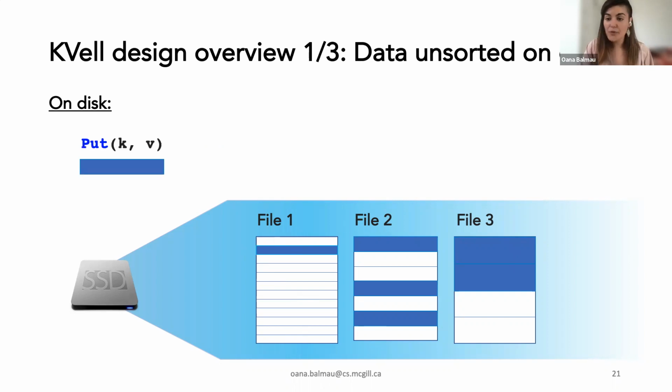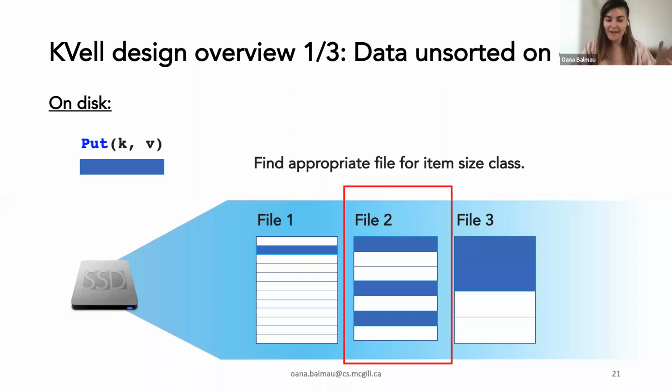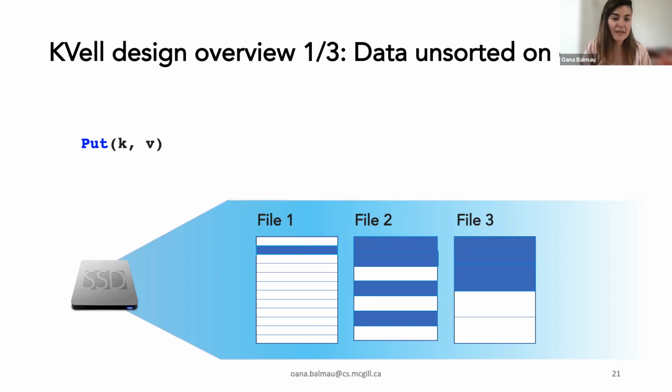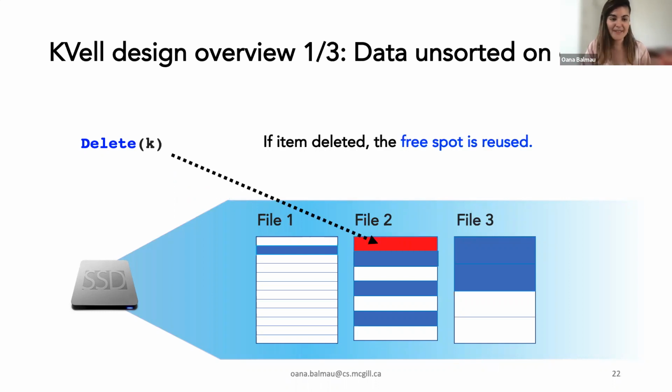If we want to add an element to KVell, we would find the appropriate size class, and we will just add the entry in the first free slot. If we want to remove an element, we would have to find it in the index, find the slot, and simply delete that element, and the spot is there to reuse.